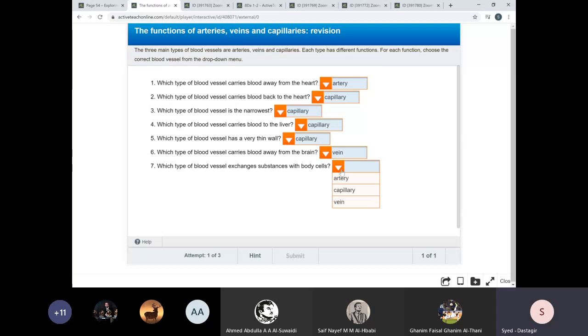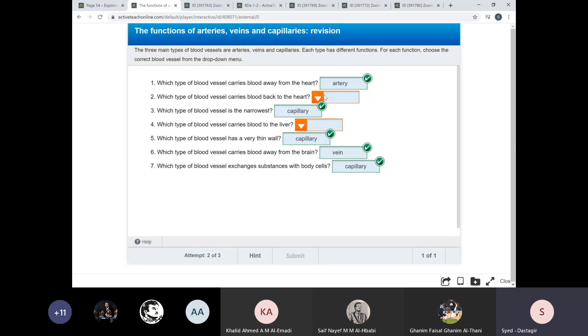No? Okay. Khalid, which type of blood vessel exchanges or swaps substances with body cells? They'll need to be small enough to interact with body cells. Which one is it? Capillary. Okay, let's have a look. Ooh, we got some wrong.